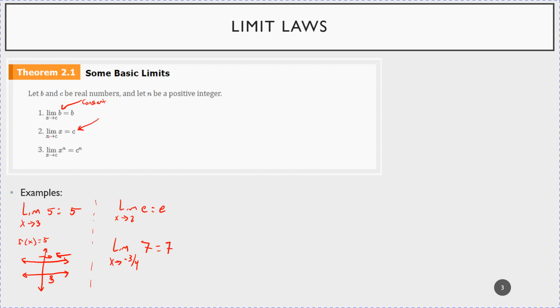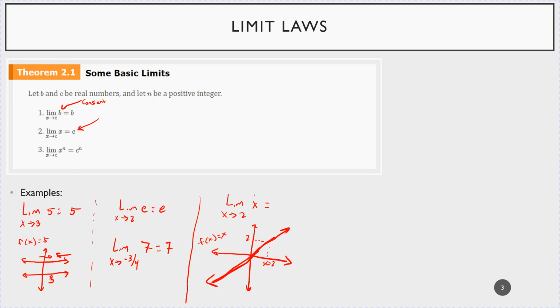Next, the limit as x goes to c of just x is equal to c. For example, the limit as x goes to 2 of x. If you were to sketch the function f of x equals x, it would just be a straight line like this, and as x goes to 2, you would see it would also go to 2.